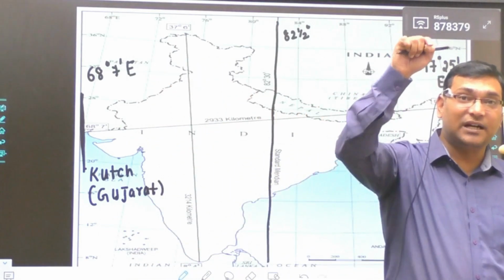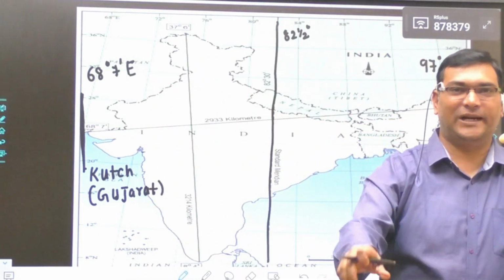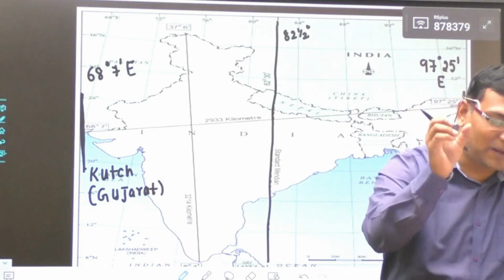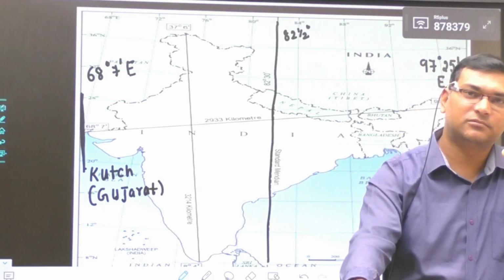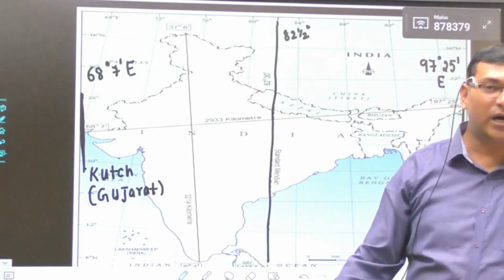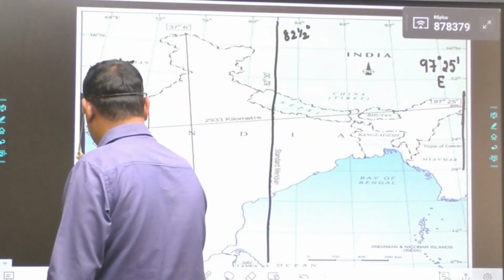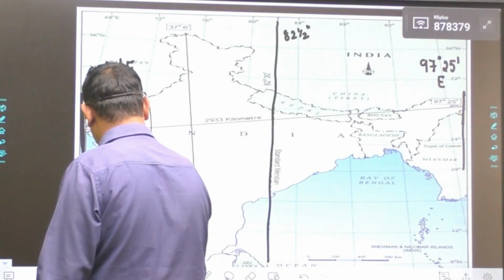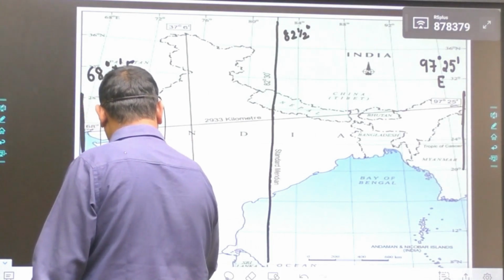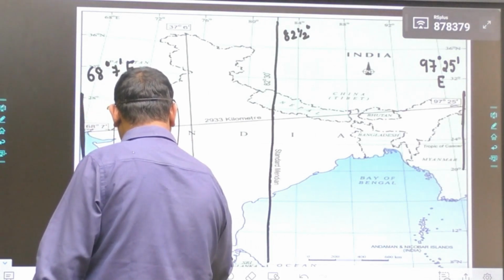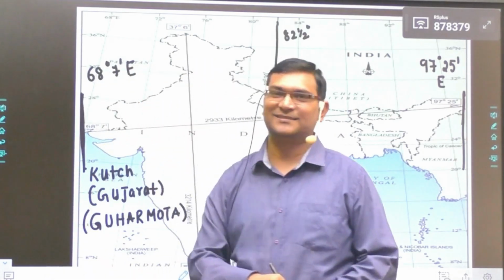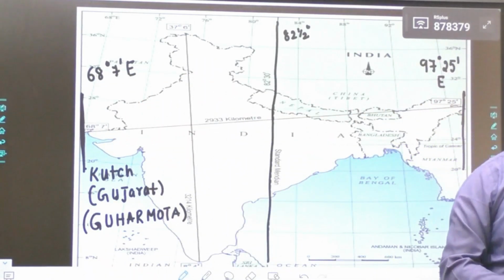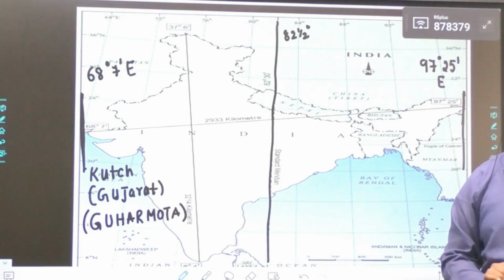But in the Kutch region, there is one more point, an exact place, a village: Guhar Mota. Guhar Mota is the westernmost point of India.